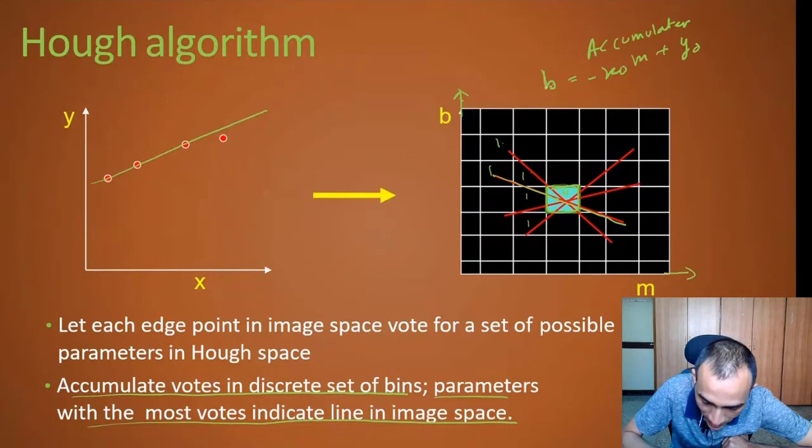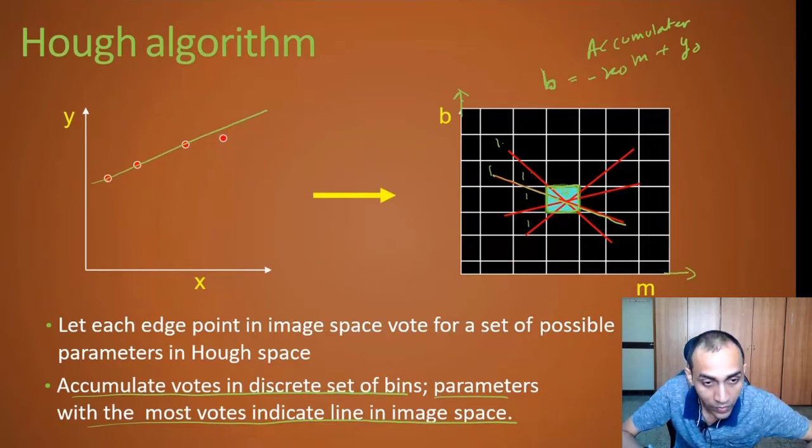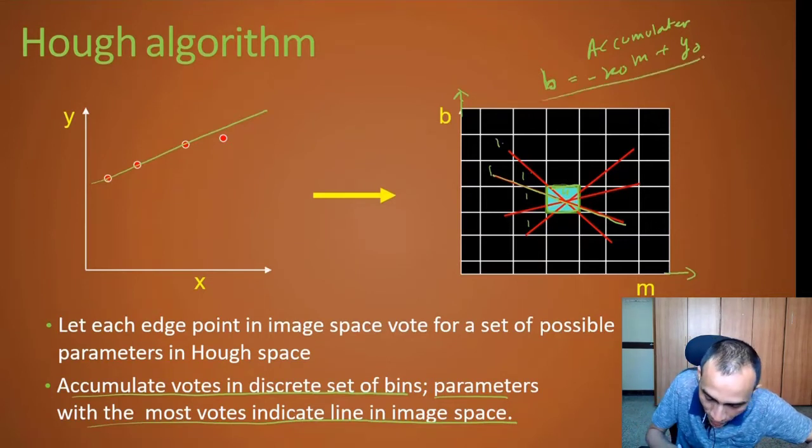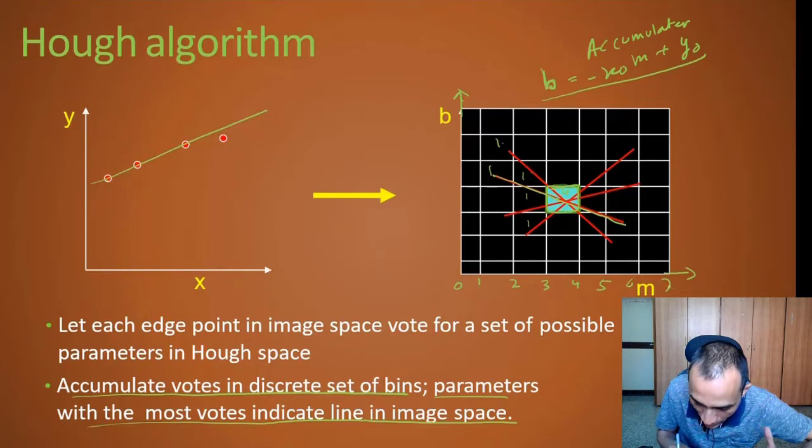Let me explain it a little bit more. Anyhow, that is covered in the coming slides, but because you have asked, let me explain some more details. A single point will correspond to a line in the Hough space. Let us say we have decided m is going to vary from 0 to some value and b is going to vary from 0 to some value, and we have discretized it. We increment m from 0 to all these possible values, let us say by 1, from minimum to maximum, and then from the line equation we get the value of b.